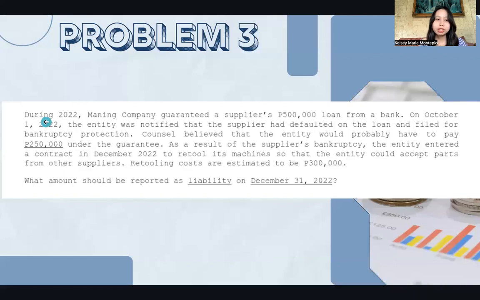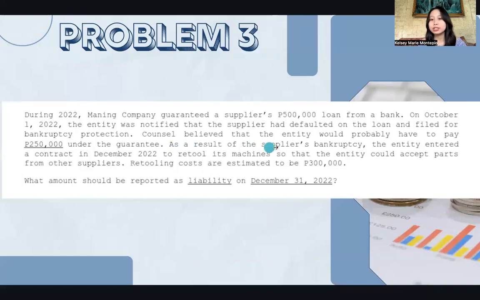In problem number 3, during 2022, Manning Company guaranteed a supplier's 500,000 loan from the bank. On October 1, 2022, the entity was notified that the supplier had defaulted on the loan and filed for bankruptcy protection. Counsel believed that the entity would probably have to pay 250,000 under the guarantee.